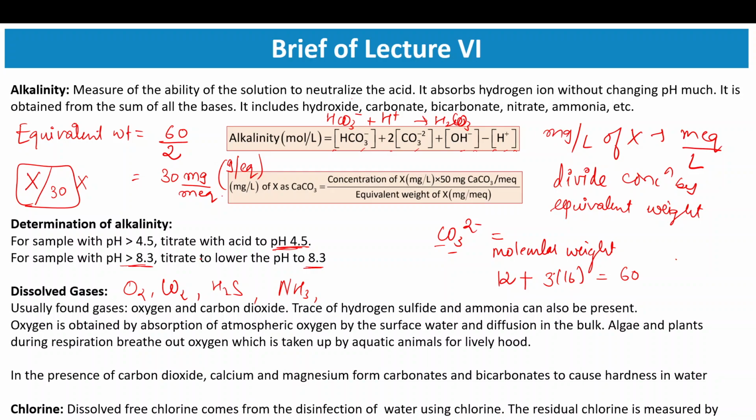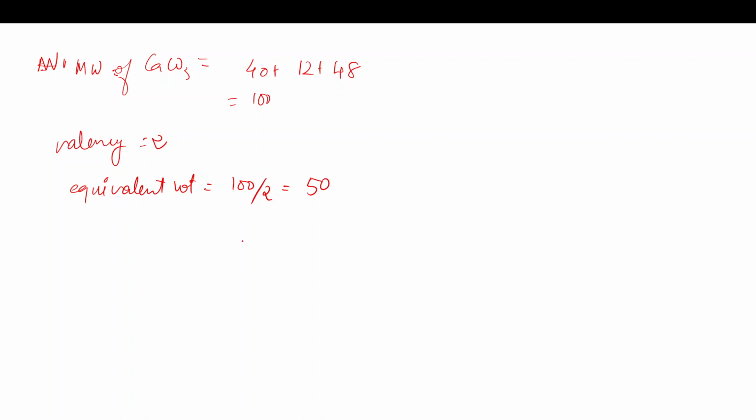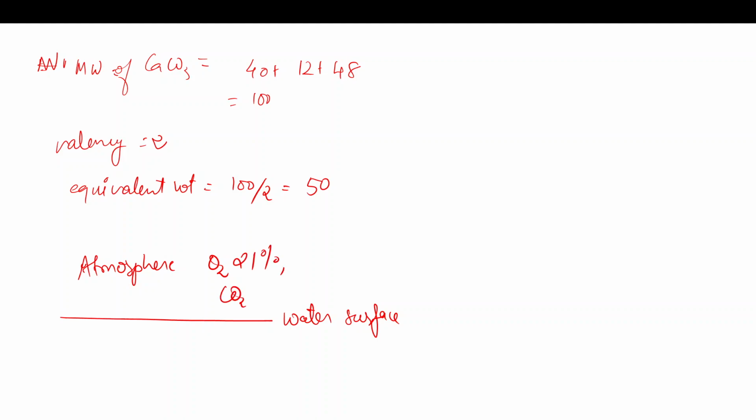Say for example, this is the water surface and this is the atmosphere. Here it is oxygen 21%, there will be even carbon dioxide, and this is water.